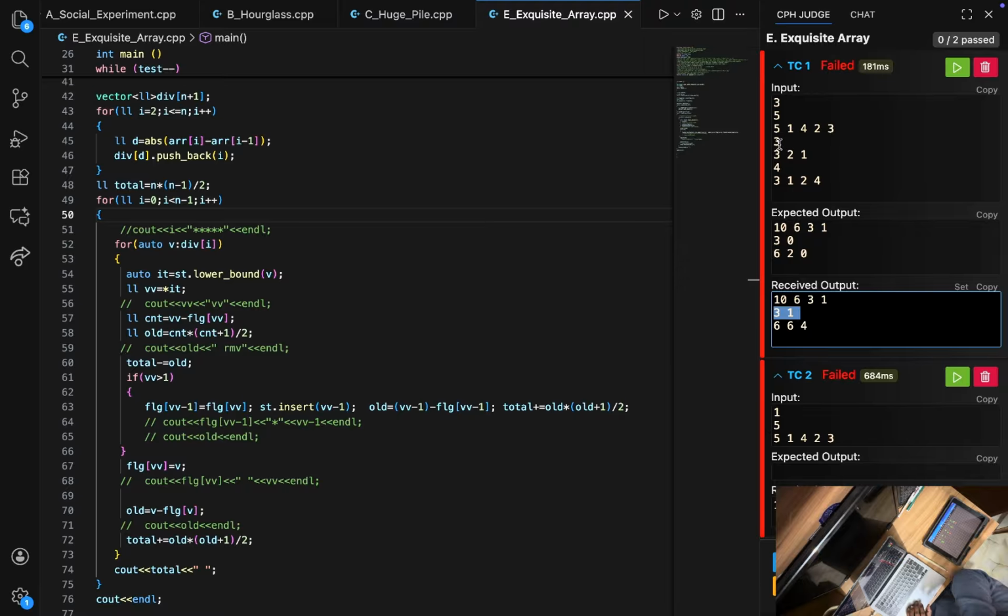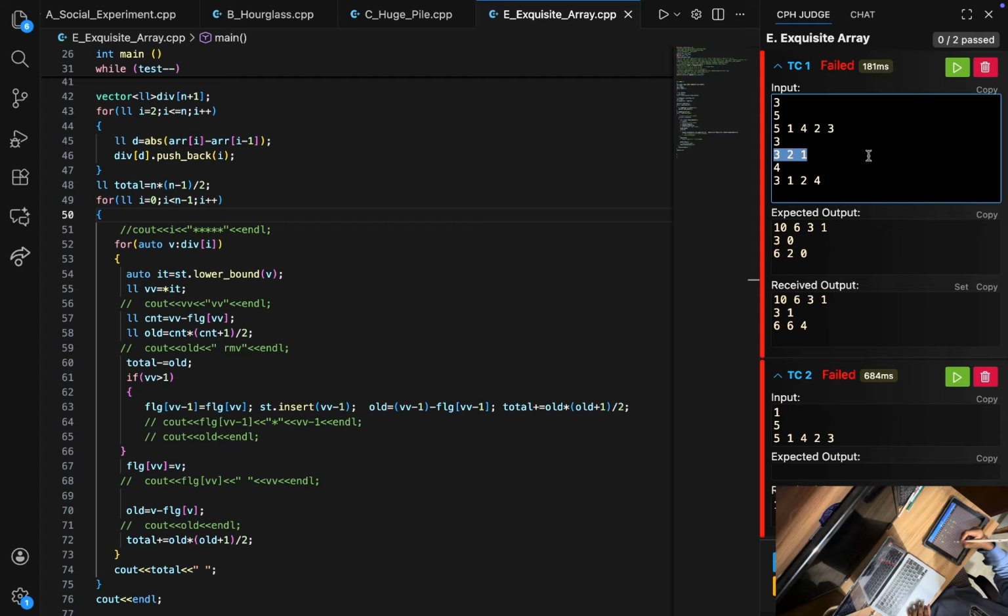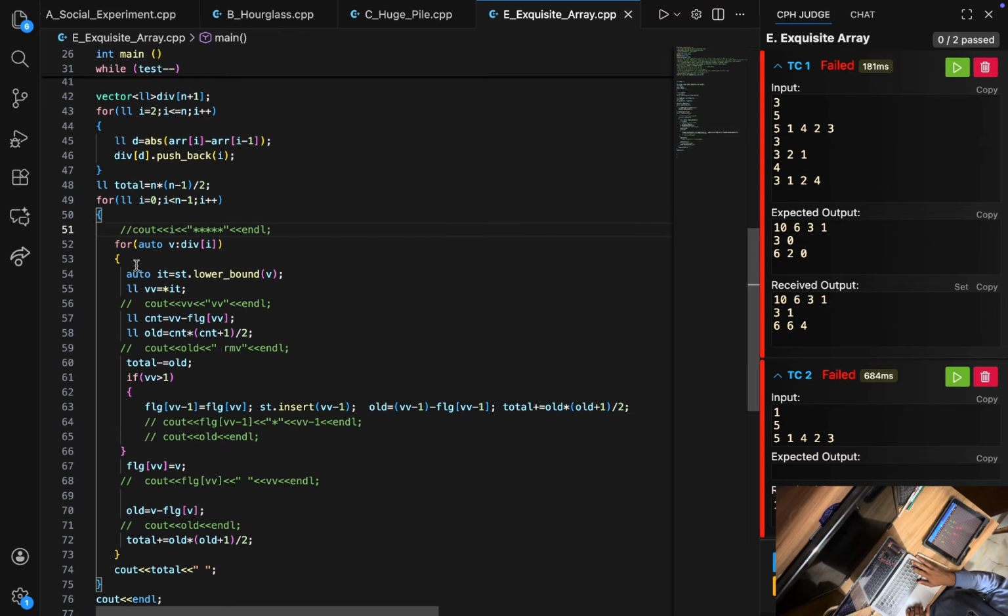3 0. 3 3 2 1. Difference is 1 1. Okay, 3 2 divide.